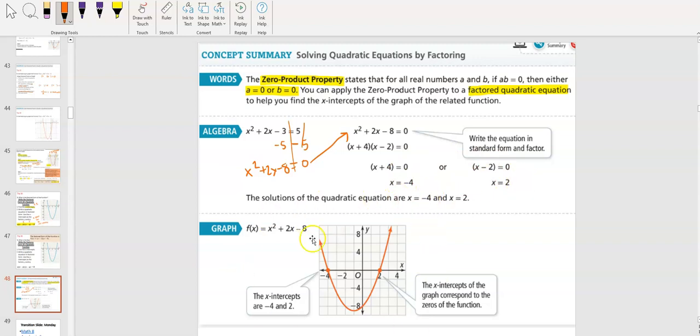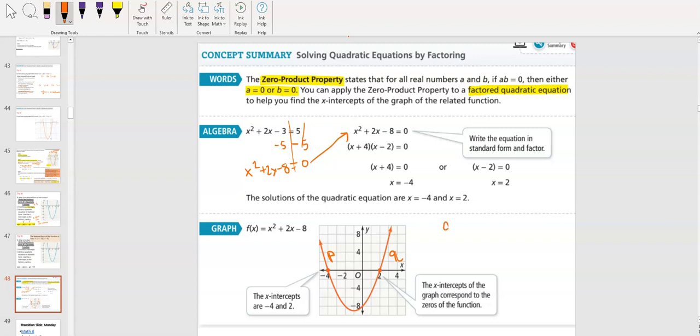And then when we're using a graph, we're looking at our graph. This is P and this is Q, although remember, it doesn't matter which one's which. Those are our x-intercepts, and we can use those to plug into our equation.